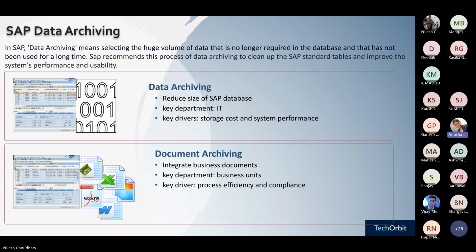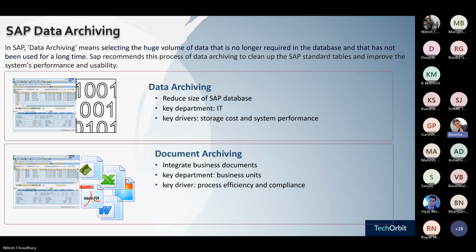With that as a base, we have a couple of archiving approaches in any SAP system. We have spoken about data archiving, where sales orders, billing documents or purchase orders are categorized under data archiving because that is the actual data. As well as this kind of actual data, you may also have seen scanned invoices coming into the system, whether vendor invoices, purchasing invoices, bills of materials or any kind of scanned invoices.